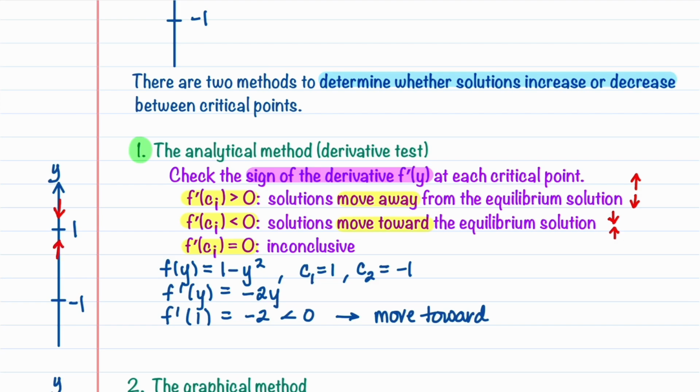Now let's look at f prime at negative 1. This is going to be equal to 2, which is greater than 0, and that tells us that our solutions are going to move away from our equilibrium solution. Over here to the left, at negative 1, when they move away, we're going to have an arrow like this and an arrow like that.